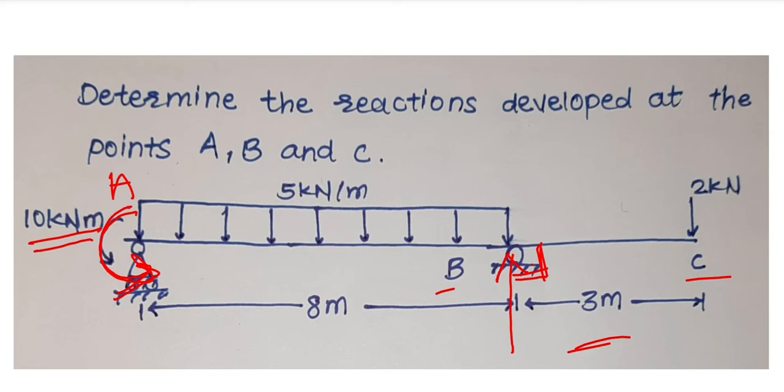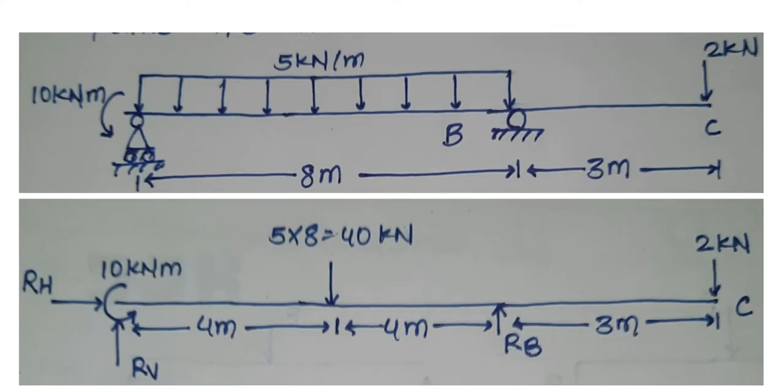So let's draw a free body diagram from it. See here, the force RH is acting at point A in the horizontal direction, because this is a hinge support. A perpendicular vertical upward force RV is acting on point A because it is a hinge support.